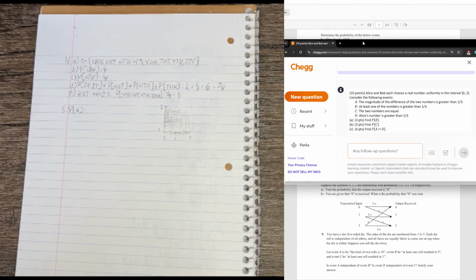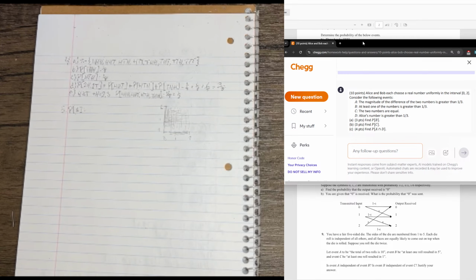I think we'll start to worry about it if there is something that blocks us and doesn't let us solve it that way, such as A. Probability that the two numbers are equal, 0, basically. If we're including all real numbers, it can be an infinite number of decimals, so that's just 0. Alex's number is greater than 1/3. Alice's specifically.